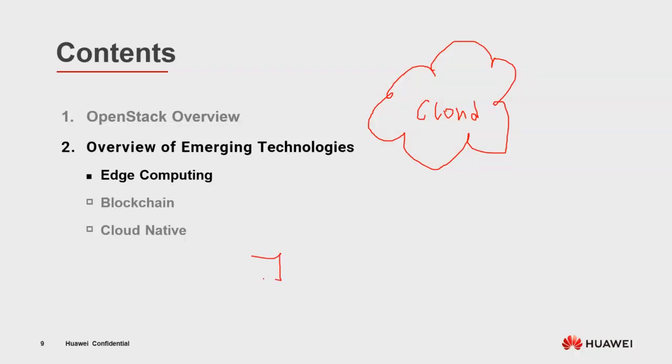For example, you have a driverless car. For a driverless car to send signals to the cloud and receive a response may actually take a longer time. So now we have to create what is called edge devices.